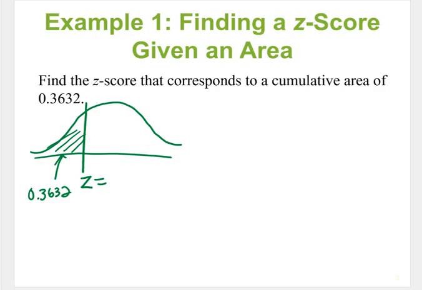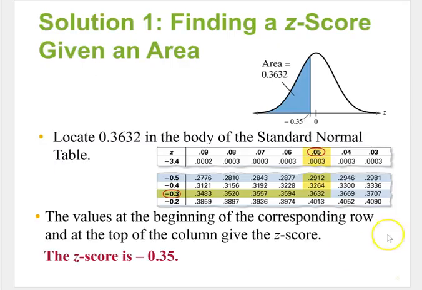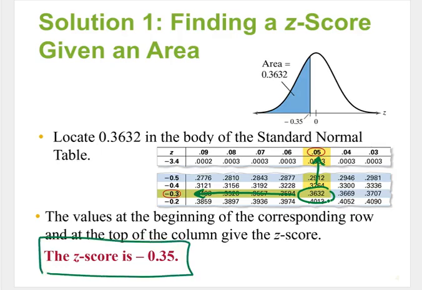Okay, so this time, again, I'm going to use my chart, but I'm going to use it a little bit differently. I will need to find that probability inside the chart first. So we will need to go in the chart body itself and find that probability. Once we have found that probability, we will then find our Z-score from the row and the column that correspond to it, and that gives us a Z-score of negative 0.35.